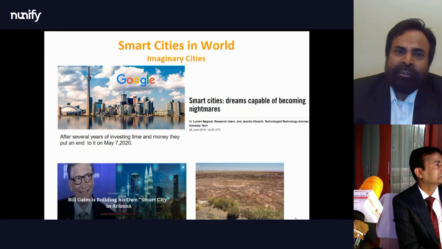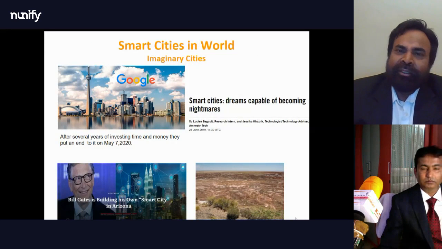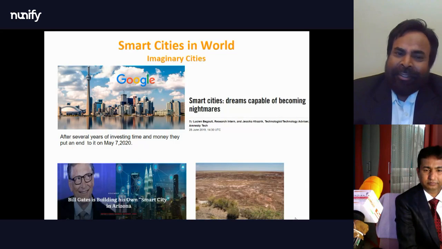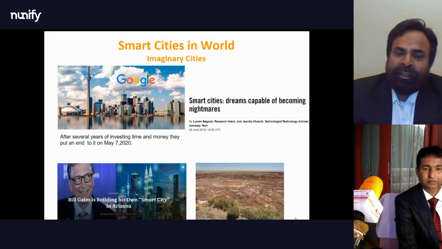Here's the Google Smart City, nice picture, right? After several years of investing time and money, they pulled out on May 7th. There's the Bill Gates town there, Dream Town, but it's laying waste there, nothing happened. That was also announced a few years ago.